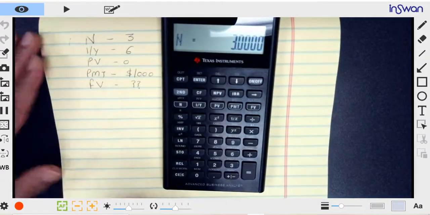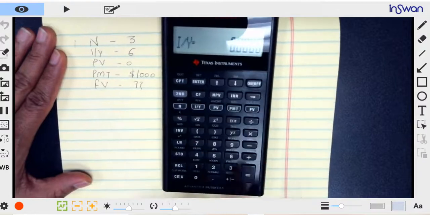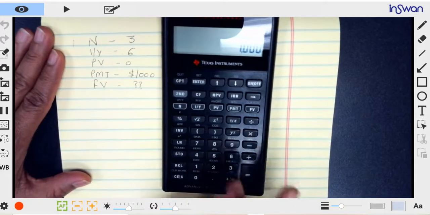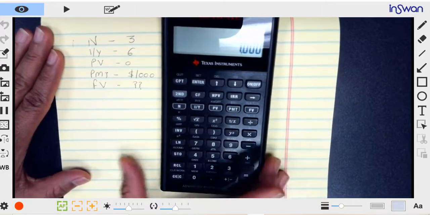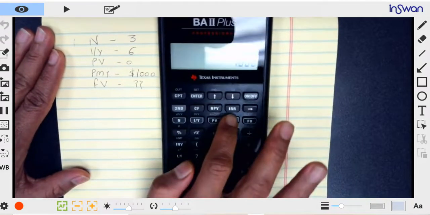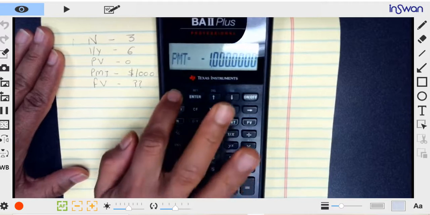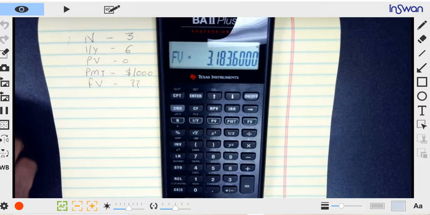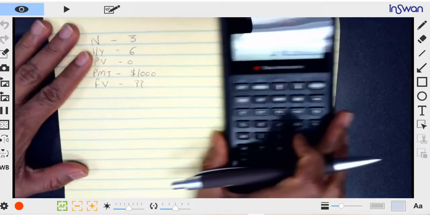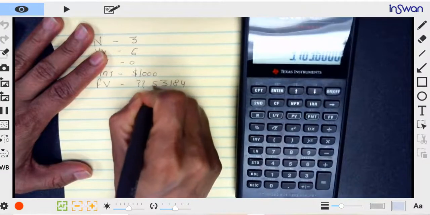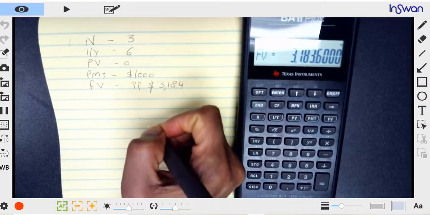Then interest rate is 6%, 0 is our present value, $1,000, and since it is a cash outflow, it would be a negative payment, and we have to compute future value. It gives us a future value of $3,183.60. If you want to approximate it, it can be $3,184. This is the future value.